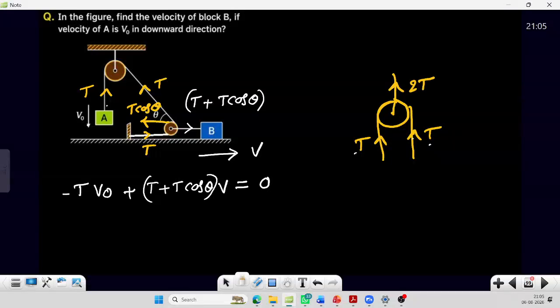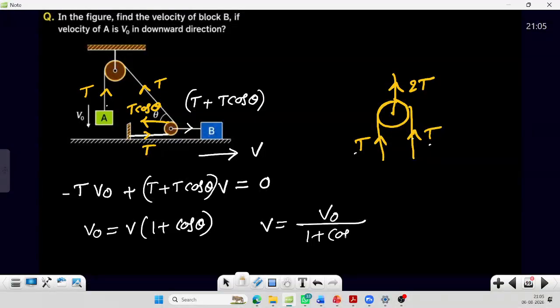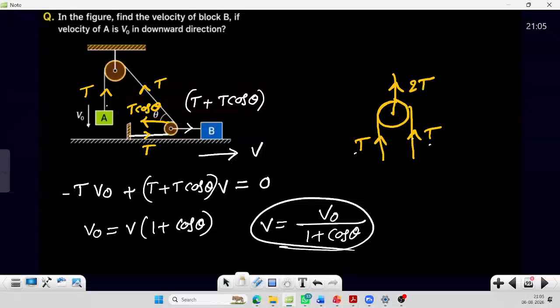Earlier it was acceleration, now velocity, that's it. Now T cancels. So v naught equals v into 1 plus cos theta. So from this, how much is the v value, tell me? V naught by 1 plus cos theta. Yes, that's the answer.